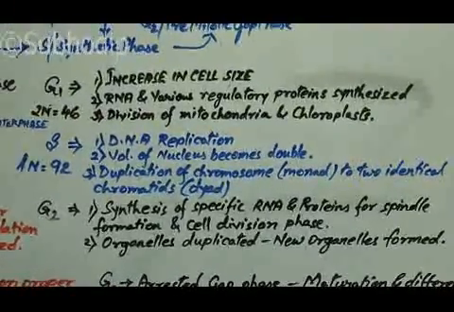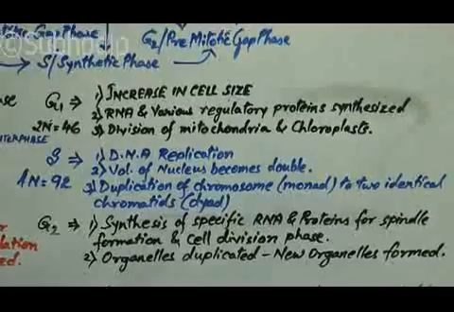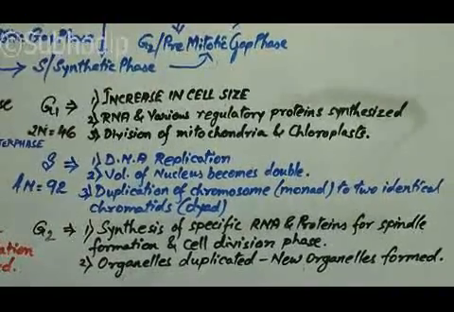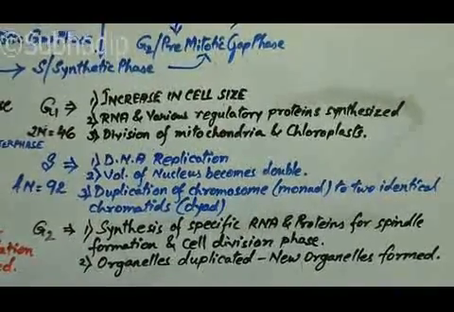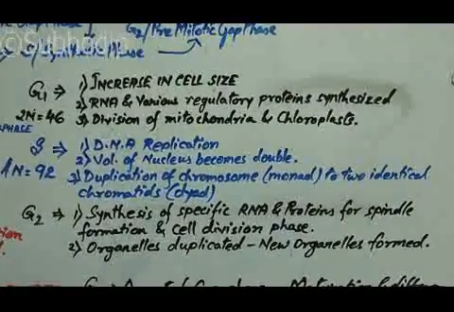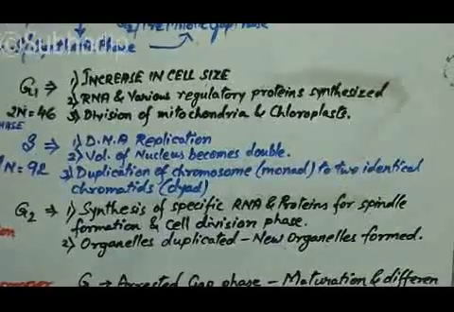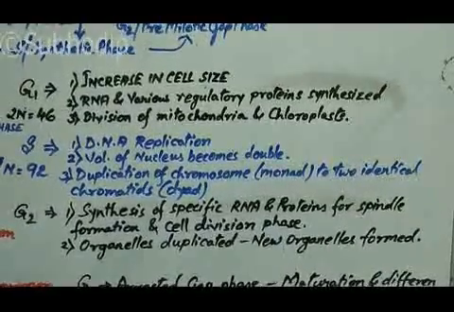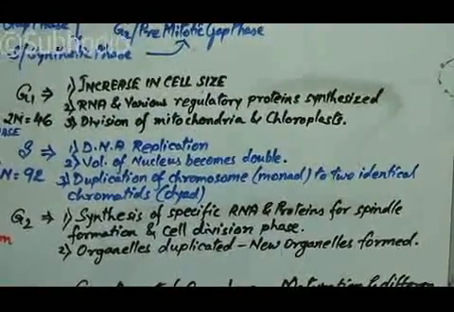The successive phase which occurs next is the G2 or pre-mitotic gap phase. Here the synthesis of specific RNA and proteins for spindle formation and cell division takes place.